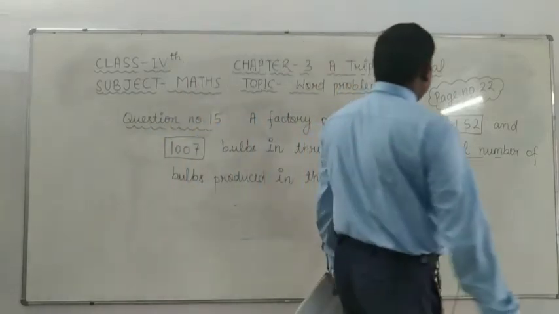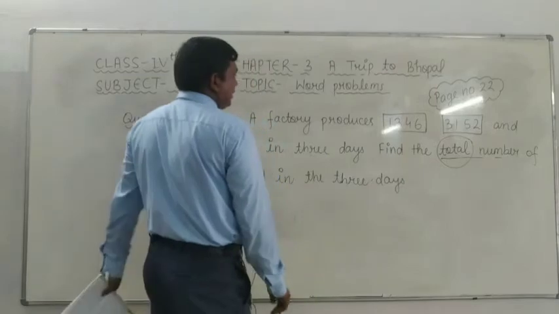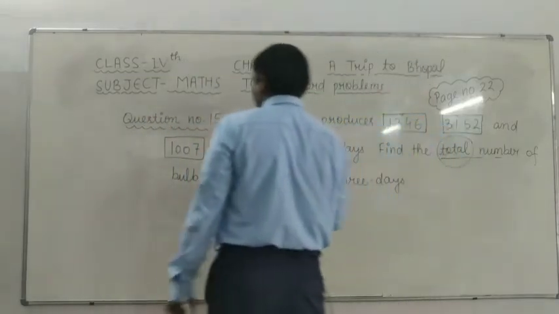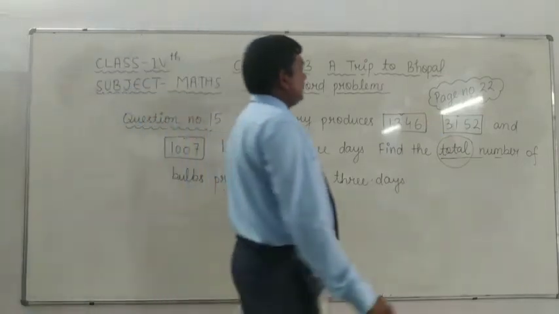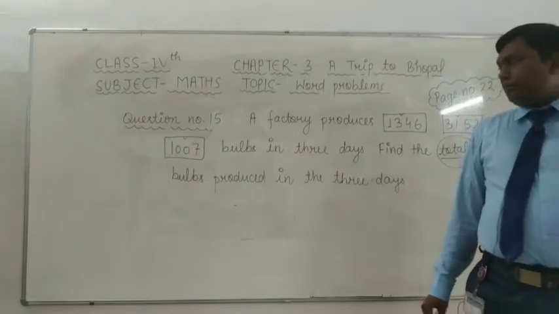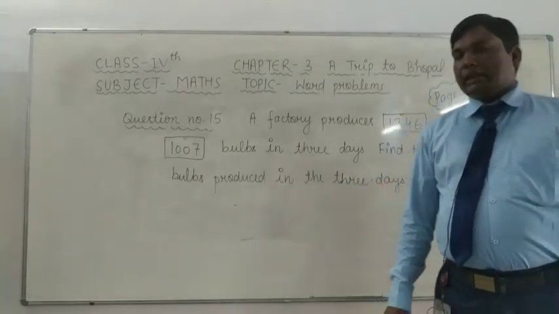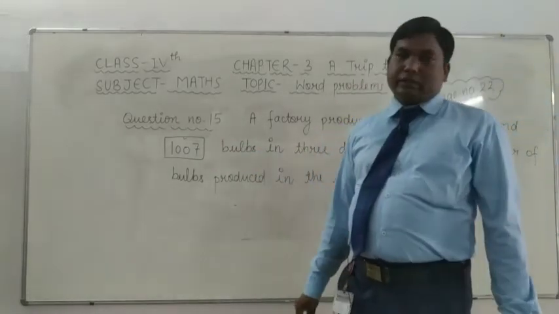Dear students, total means that we have to add this and this. After adding these we get the total number of bulbs produced in the 3 days. After adding these we get the answer of this question.